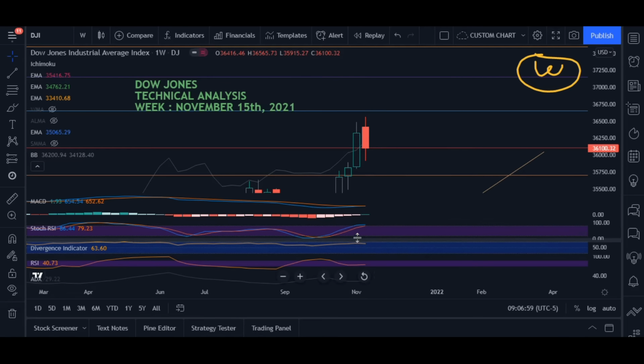And then we have the divergence. Divergence was increasing here, and it was 65. This was the reason I told you, because 65, 67, 68 is critical for Dow. And this was the reason why I told you to sell in the week of November 8th. But now the divergence has cooled down to 63.